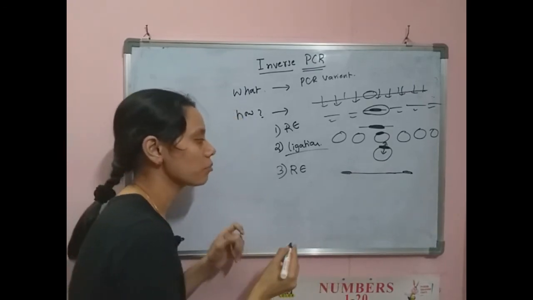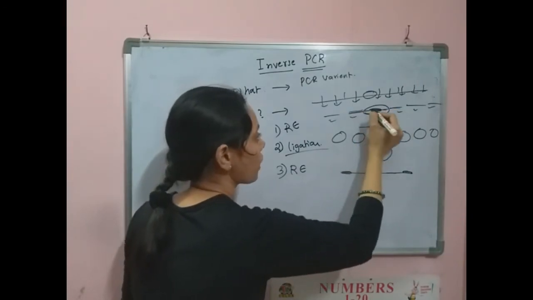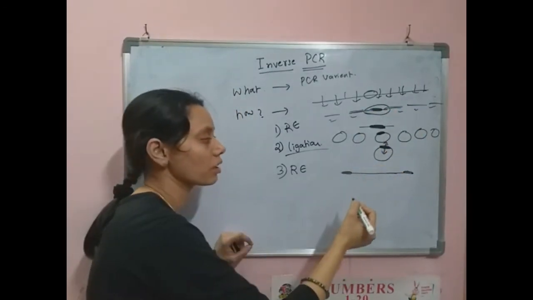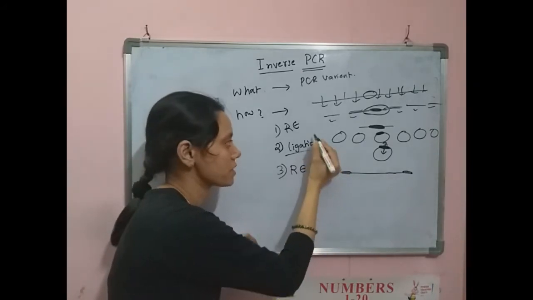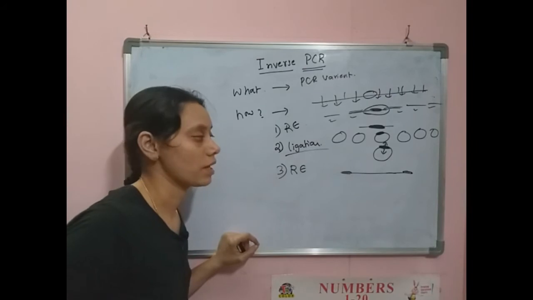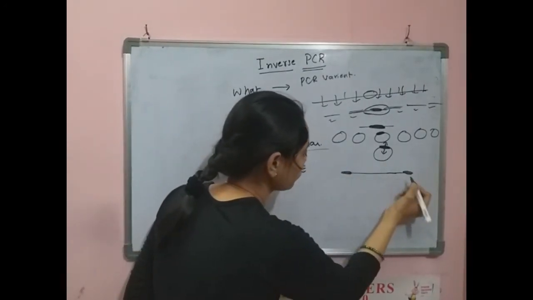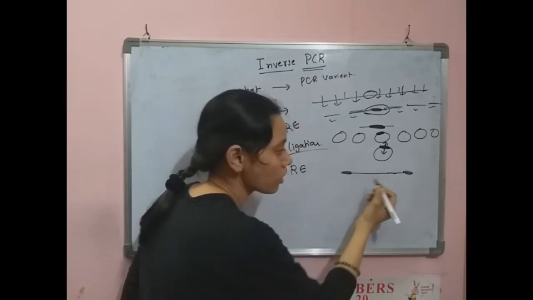So here what is happening? The unknown sequence was flanking the known sequence, and after this restriction enzyme digestion and ligation, followed by the second restriction digestion, the known sequence is now flanking this unknown sequence.